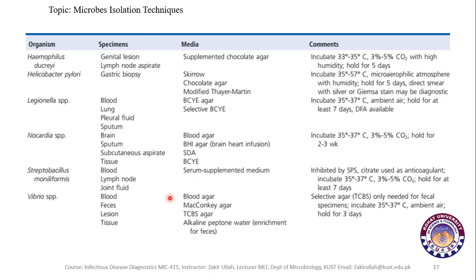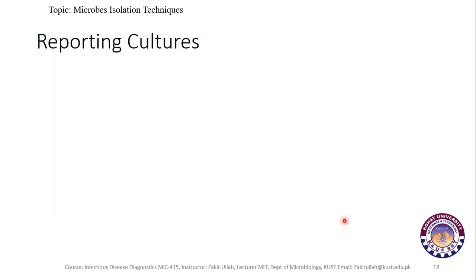Vibrio species are collected from the blood, feces, lesions, and tissues. Blood agar, MacConkey agar, TCBS, and alkaline peptone water are used for this species, and they are incubated at 35 to 37 degrees centigrade with normal oxygen for up to 3 days. Now, reporting the culture: how can we report a culture?